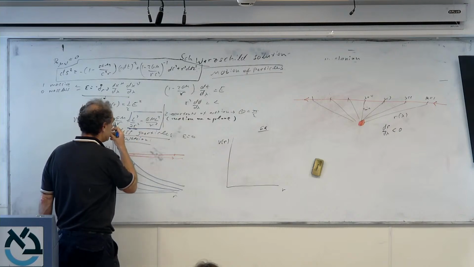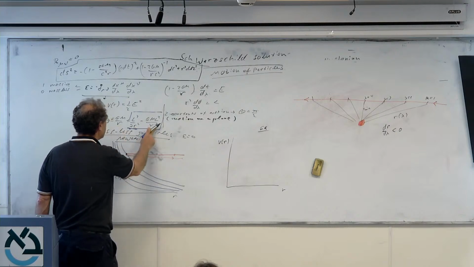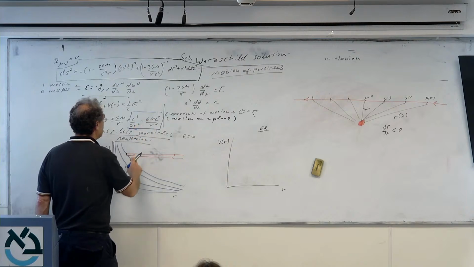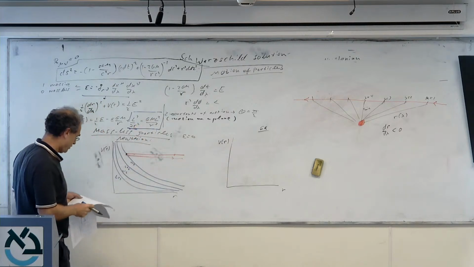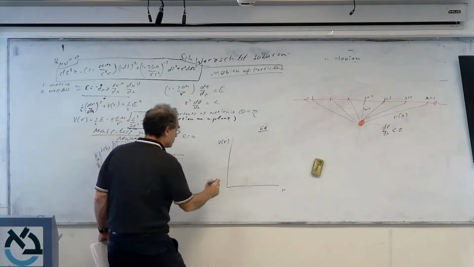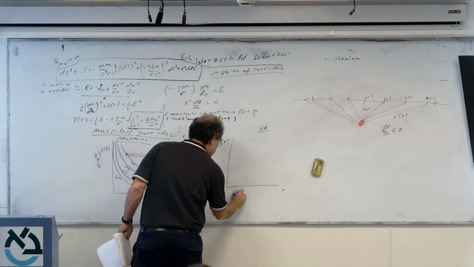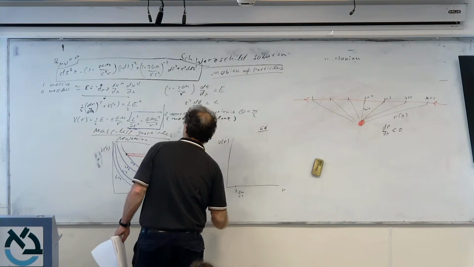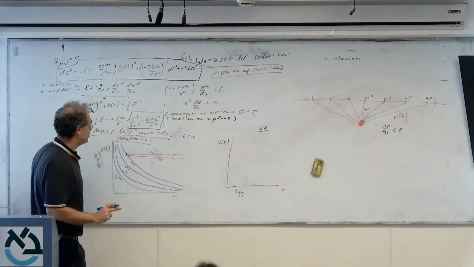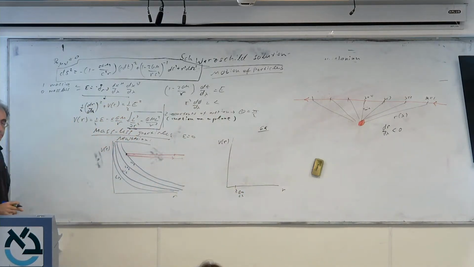But where r is exactly 2GM over c squared, what happened to the potential? It's exactly zero.